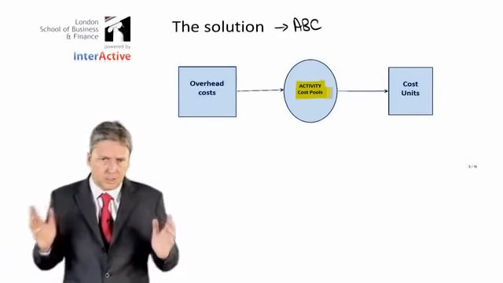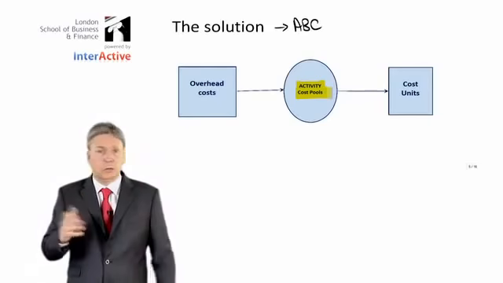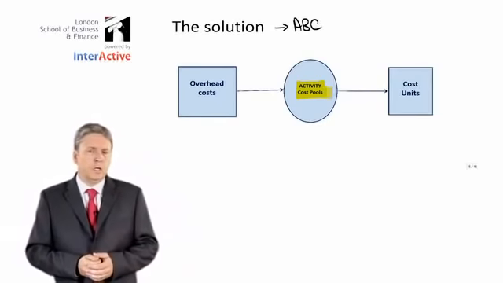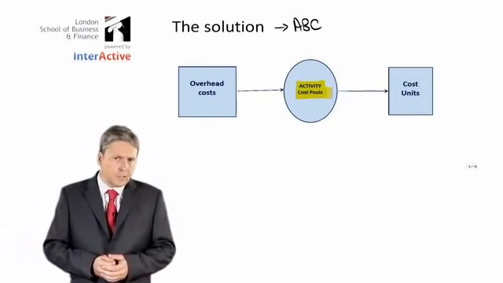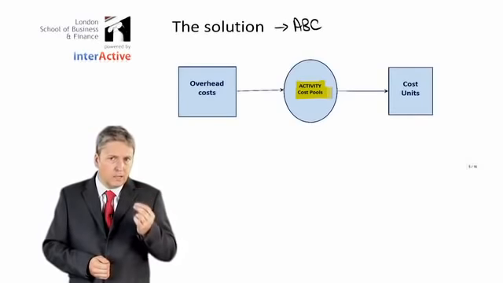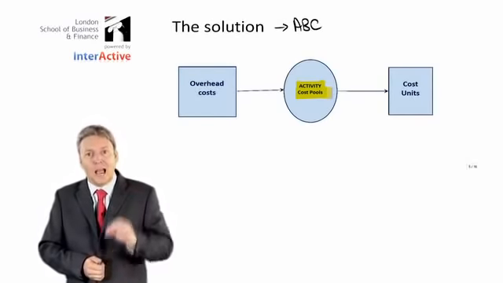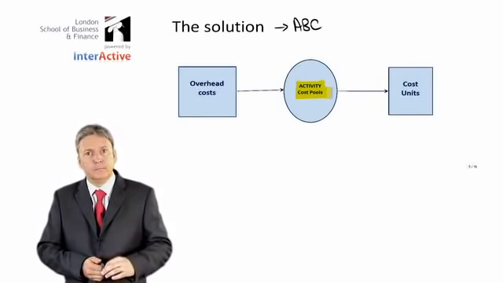Okay? I'll say that again. The activity is something that we do, if you wish, a verb. And as such, by identifying things that we do, we are better able to link the individual elements of overhead cost to those activities in some accurate way.